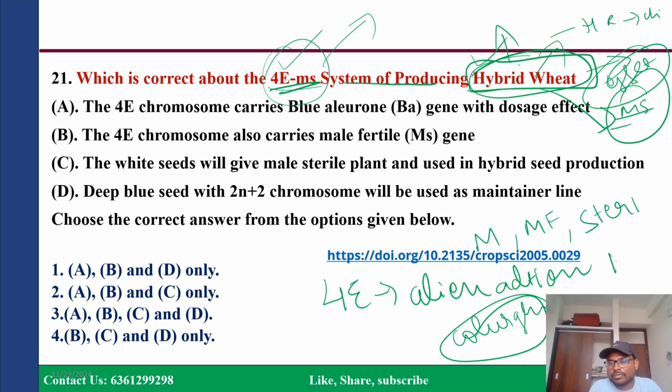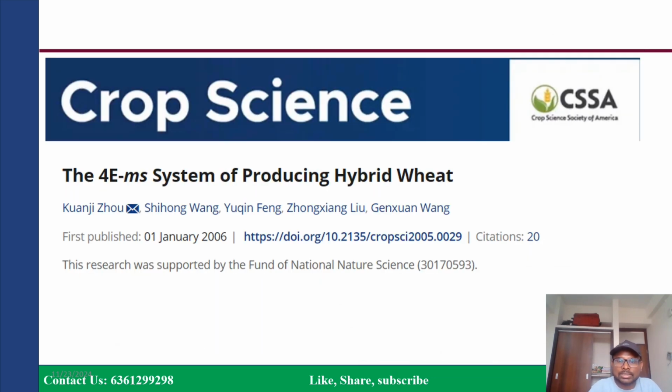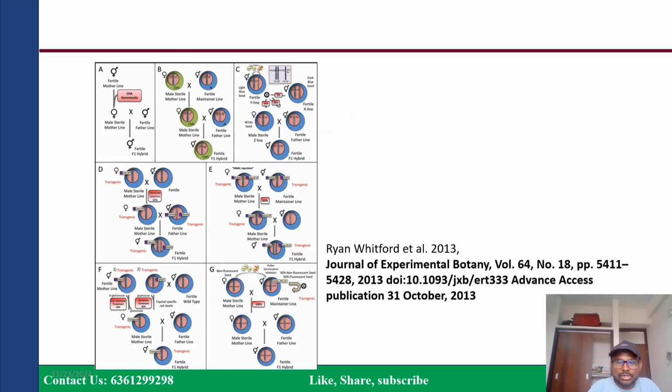The color is coded by a gene on chromosome number 4E. It's published in Crop Science. That's why I say read important, high impact factor papers on the 4EMS system. There are different systems of male sterility.